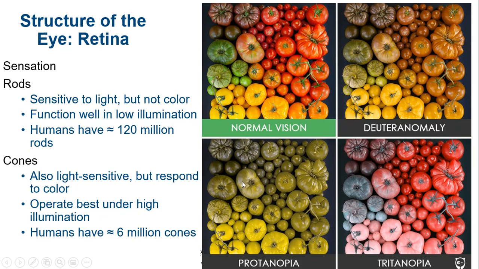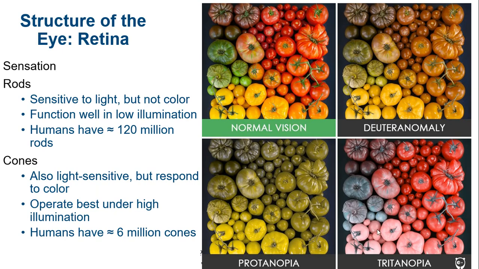If they're missing red altogether, then that's going to be closer to protanopia, which is going to be the lower left-hand side. And this person, as you can see, there's no red. Not even the browns are visible here. And then, of course, in the lower right-hand side, you're seeing someone who cannot see blue.